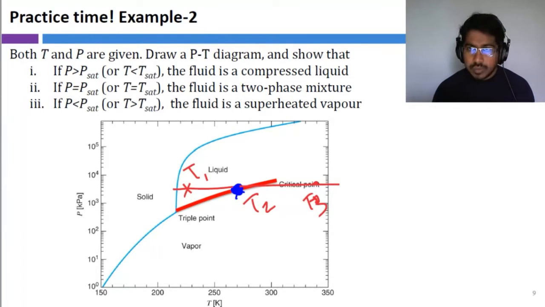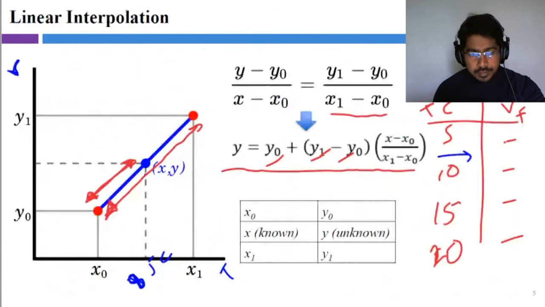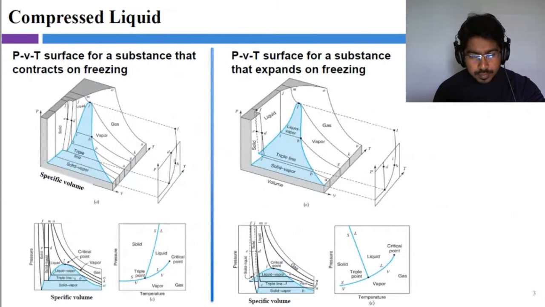Yes, Ryan. I was just looking back at the compressed liquid slide that shows our pressure and temperature graph as well. I noticed that they have different shapes, looking at our critical and triple lines. So I'm curious when we know which one to use. For a given substance, if we ask questions like what we have there, you should be provided with the graph applicable to that substance, right?